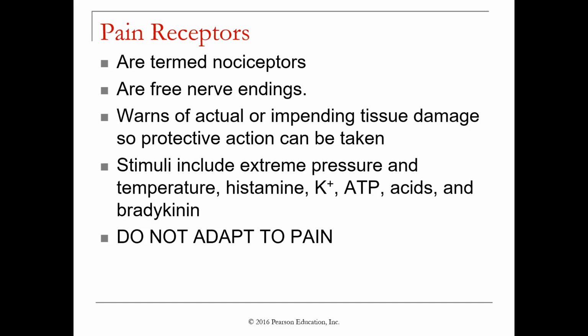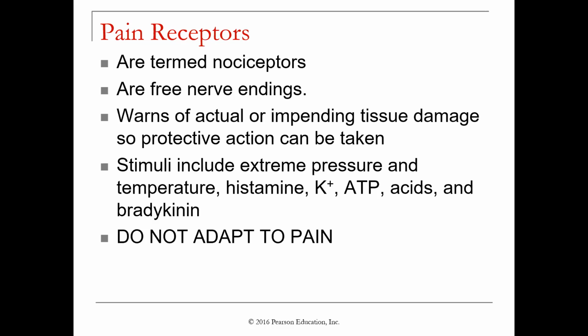One of the things about pain receptors is that pain receptors never adapt. Now, many of our sensory receptors can adapt. We can get used to, as we say, we get used to it. We can adapt to odors, where we no longer notice the odor. We can adapt to background sound, so we no longer notice the sound in the background. We're so used to it, we don't hear it anymore.